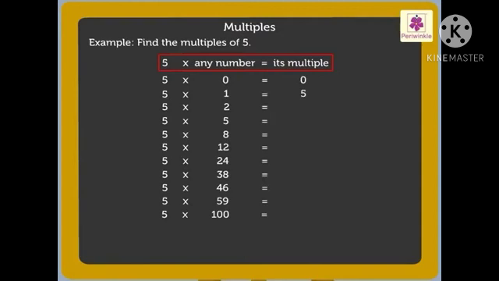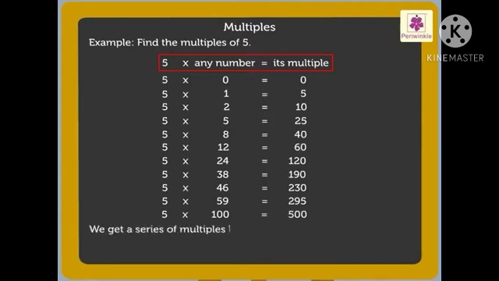5 zeros are 0, 5 ones are 5, 5 twos are 10, 5 fives are 25, 5 eights are 40, 5 24s are 120, 5 38s are 190, 5 46s are 230, 5 59s are 295, 5 hundreds are 500. These are multiples of 5.